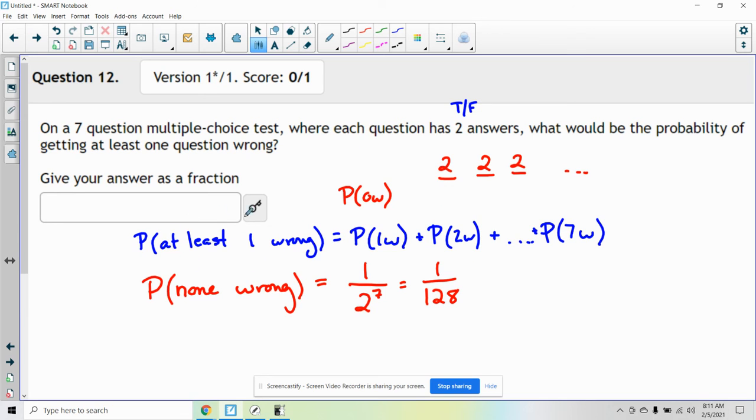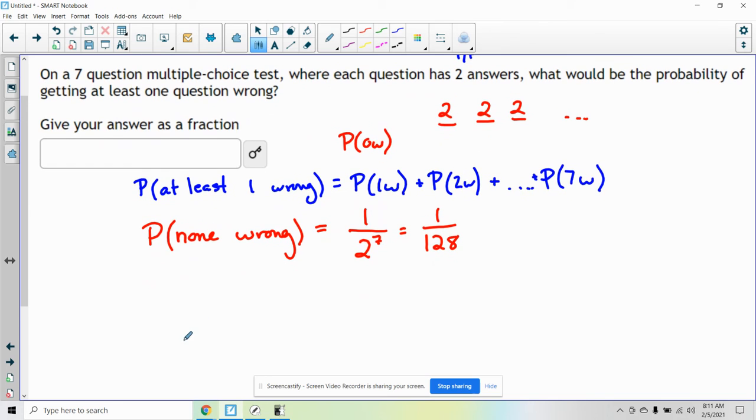Well, I want to know the complement. So to find the complement, I'm just going to take 1 minus this. The probability of at least, so greater than or equal to 1 wrong, equals 1 minus the probability of 0 wrong.